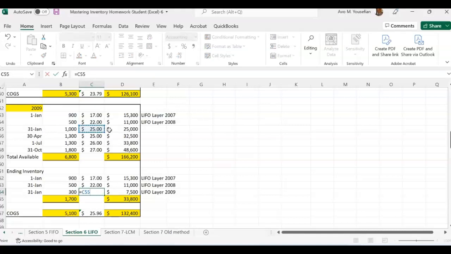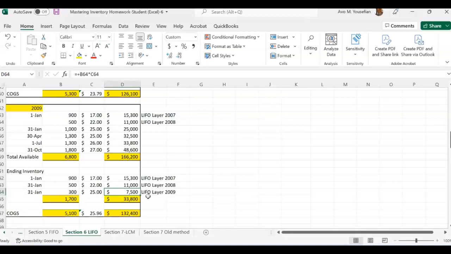That's the layer down, enter. And we multiply that 300 by 25, that's 7,500. And we call that the LIFO layer of 2019. Got it? Now we have 3 LIFO layers that we carry forward to the next year.